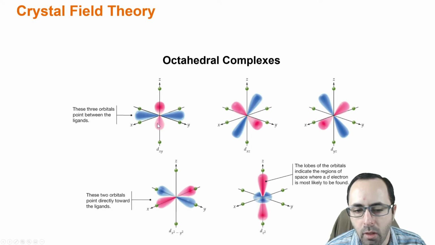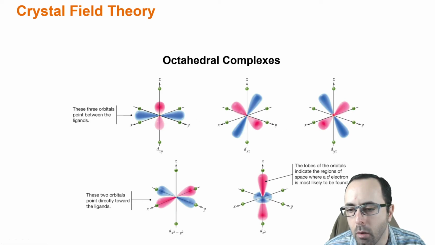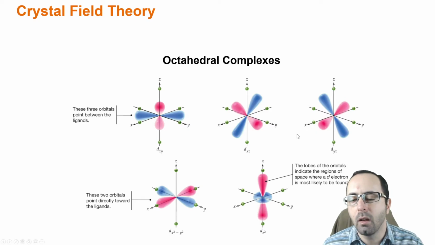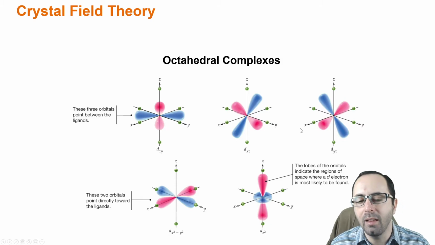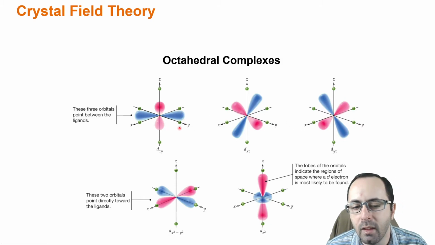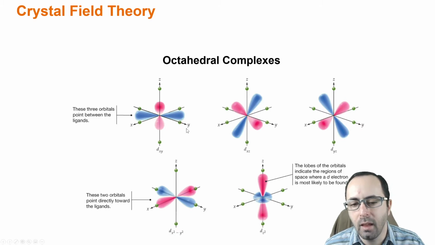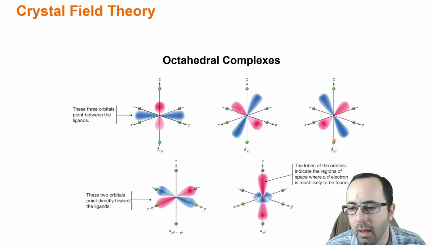For 3 of these possible atomic orbitals, the ligands approach in a way that is quite far away from the orbitals. And so there's less repulsion between the electrons in the orbitals and the electrons in the ligands. So these end up being lower energy d orbitals upon the formation of the complex.